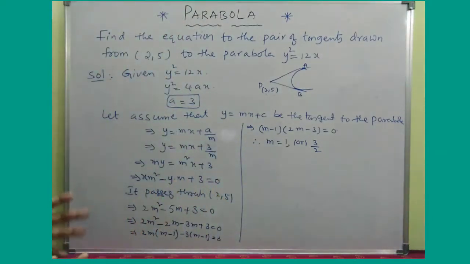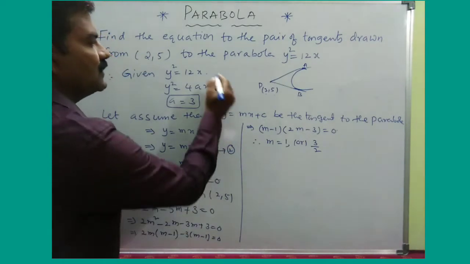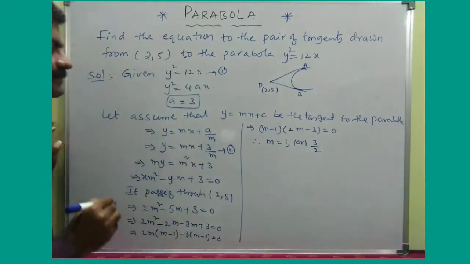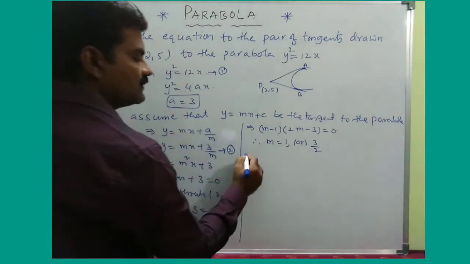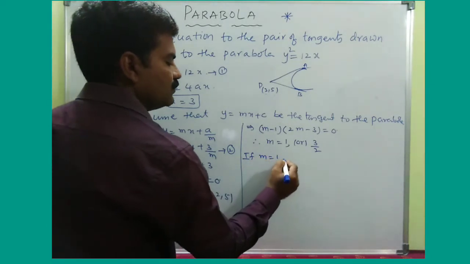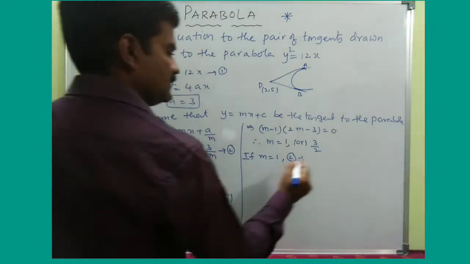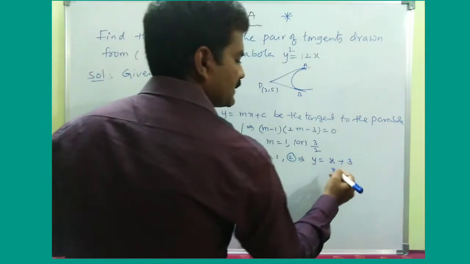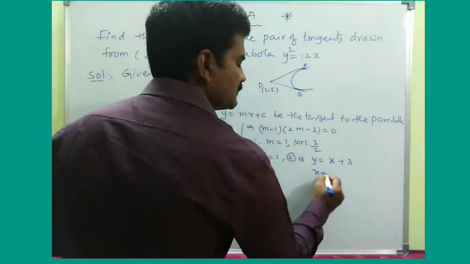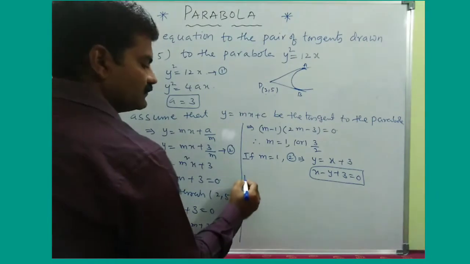See, now we have two slopes. So better you consider this as equation 2, and the given parabola as equation number 1. Actually equation 2 is nothing but the equation of the tangent. So now replace m is equal to 1. If m is equal to 1, then equation 2 implies y is equal to mx, that is 1 into x, plus 3 by 1. So finally x minus y plus 3 is equal to 0 is one of the tangents, right?